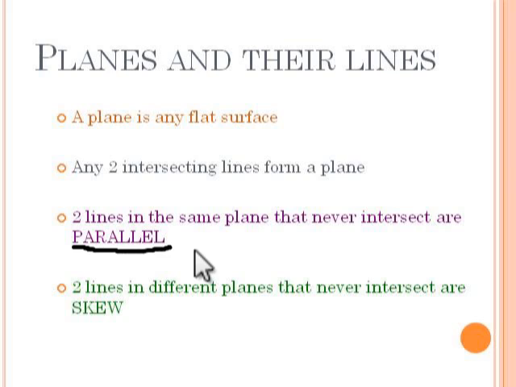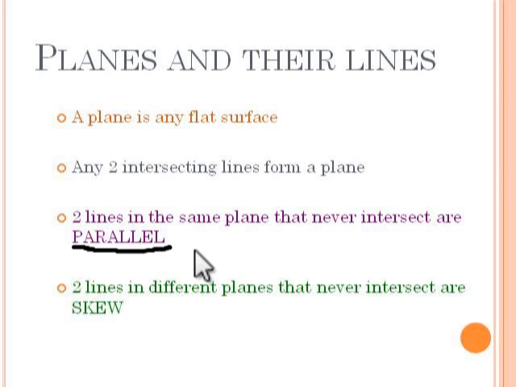If we use the front wall, where the smartboard is, and we looked at the line at the top where the ceiling and the wall meet, and then the line where the floor and the wall meet, we can see that those are parallel lines because we see them on that plane.